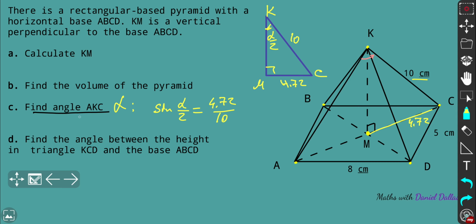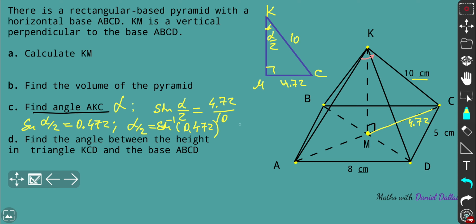So actually let's calculate. Sine of alpha over 2 is equal to 4.72 over 10. We've got 0.472, from where we can find alpha over 2 by taking the inverse sine of the figure 0.472. Okay, so press the calculator. Inverse sine of 0.472.